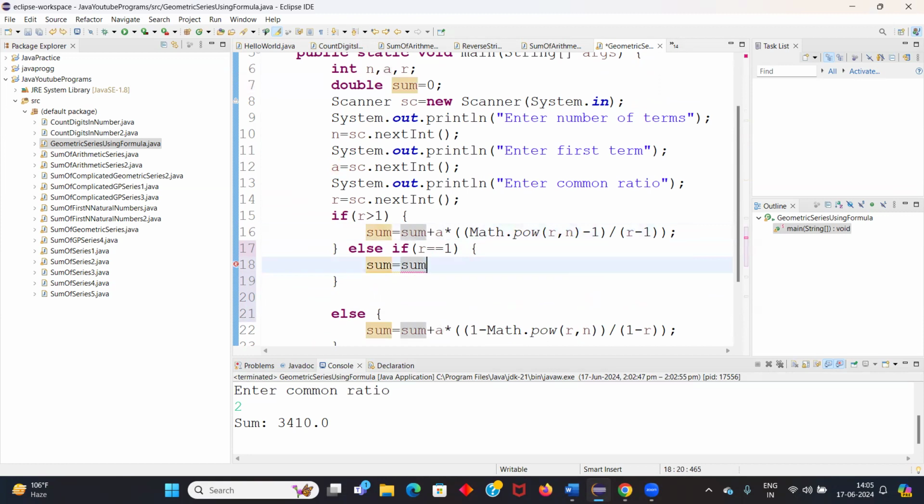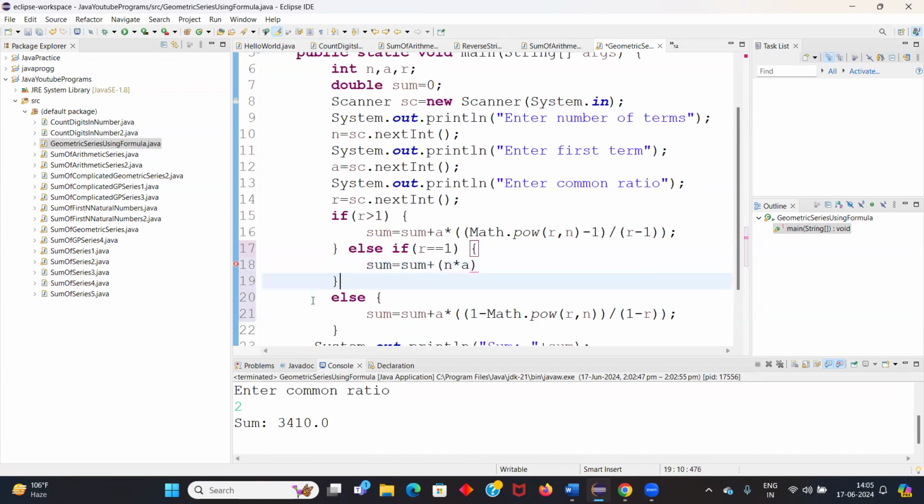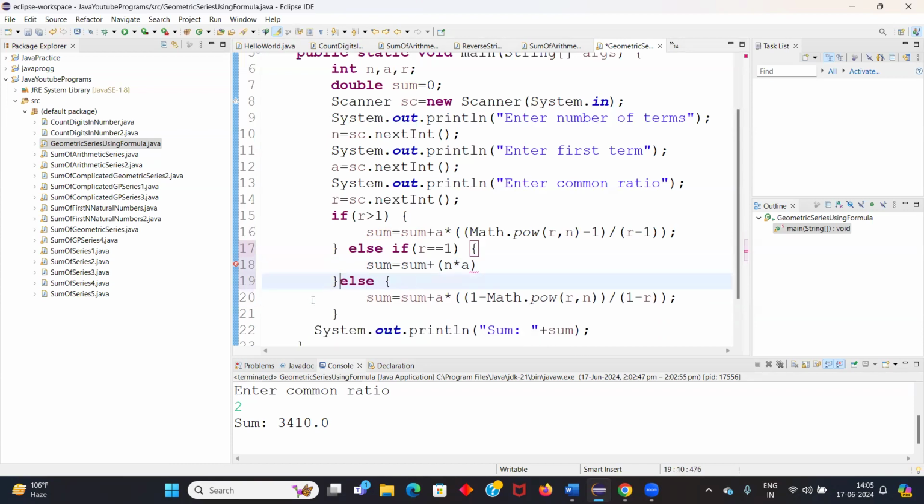It's your choice. So sum equal to sum plus number of terms into your first term. Else your r is less than 1, and then you will follow this formula.